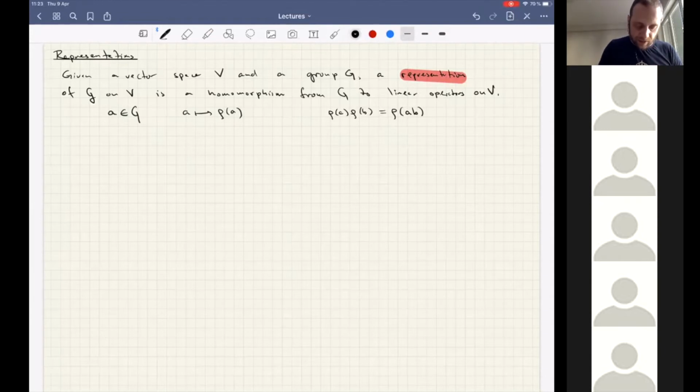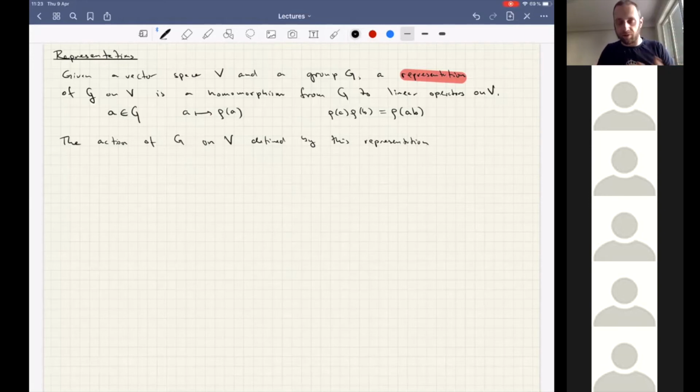We also say that the action of G on V, defined by this representation, is how this representation acts on the vector space.